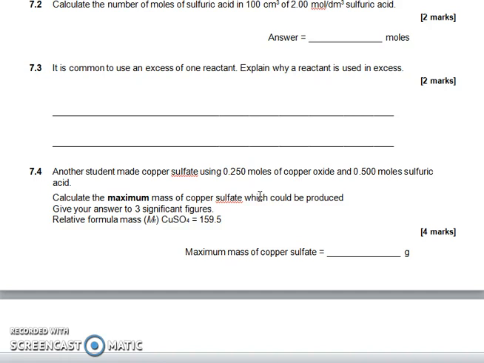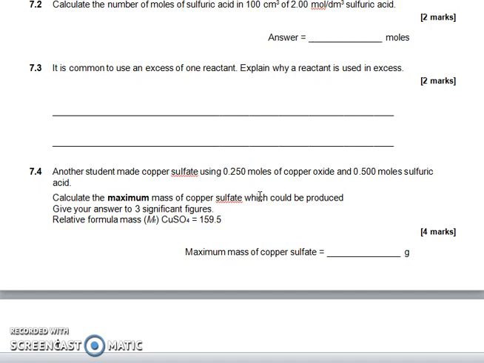For 7.4, in this question you're given 2 numbers of moles. We've got 0.25 moles of copper oxide and 0.5 moles of sulfuric acid. Number 1 mistake: you added those together and got 0.75 moles for your calculation. That's wrong. If you've got 0.25 moles of copper oxide, you can react it with 0.25 moles of sulfuric acid. That means that sulfuric acid is in excess.